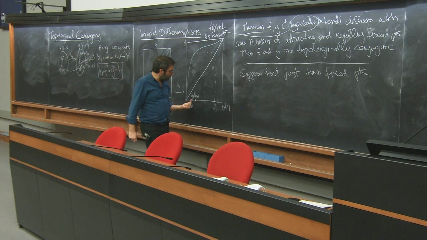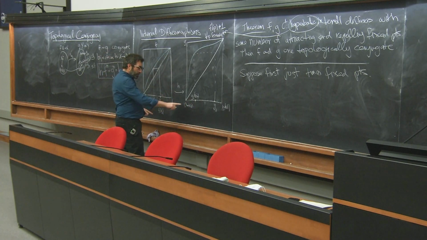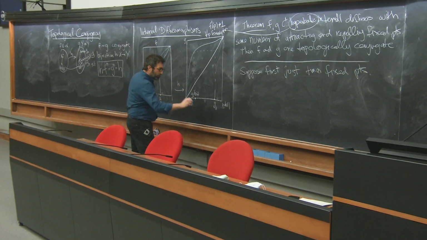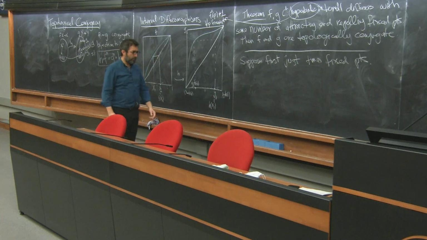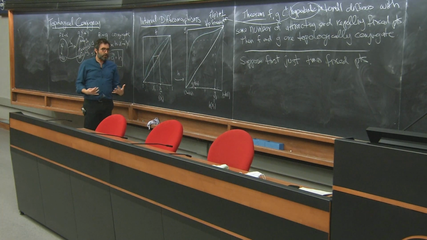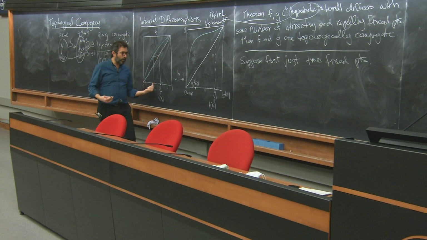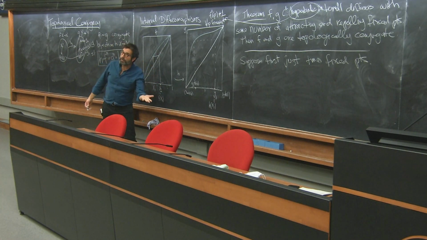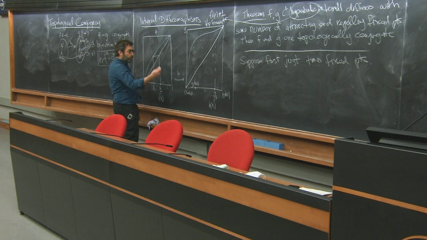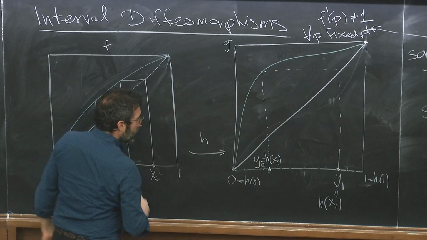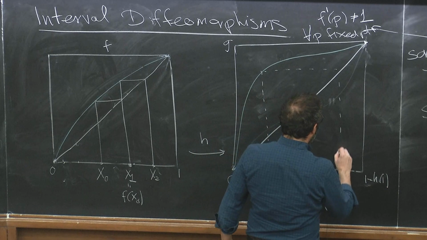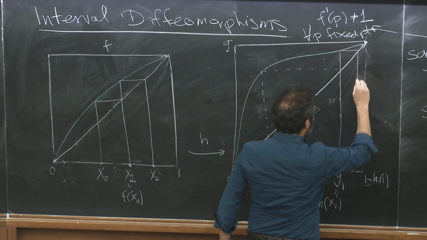Okay? So now that we know that H maps this, we also know that y1 has to be H of x1, right? So we cannot choose it. As soon as we've chosen one point that H maps to, we've chosen another point, and then we've chosen the whole orbit, right? So not only y1, we know that x1 maps to x2, and here we know that y1 maps to y2.